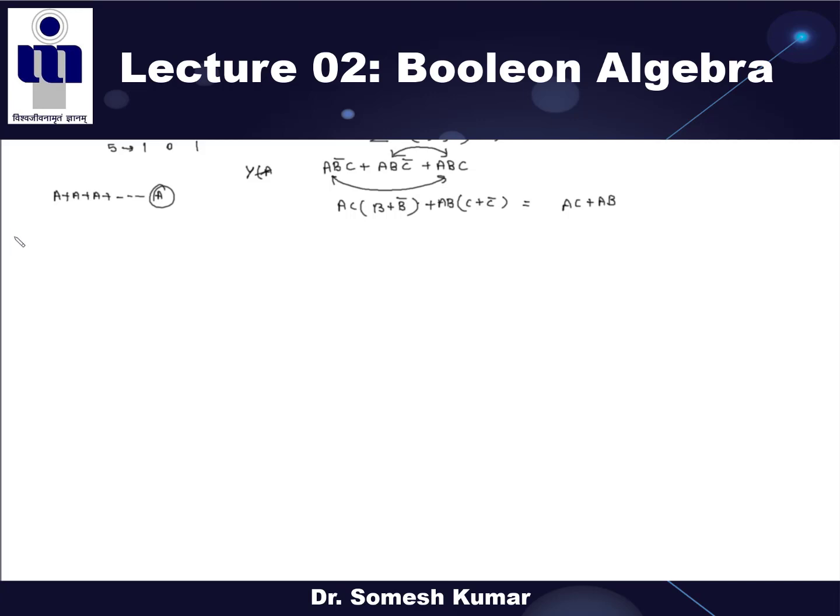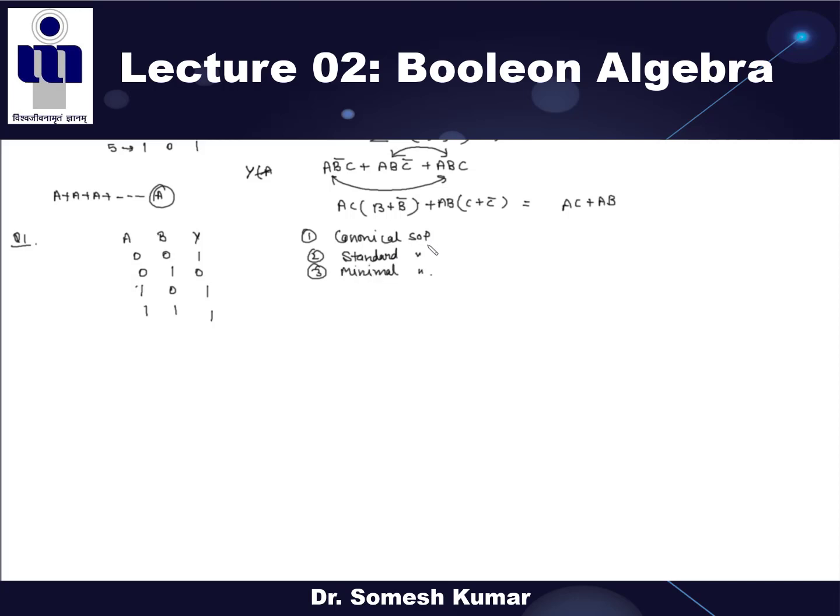Now I am giving one example, which you can try at home. This is one truth table. First you have to write the canonical SOP form, then the standard SOP form, then the minimal SOP form.